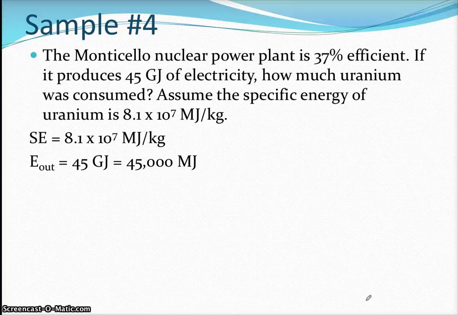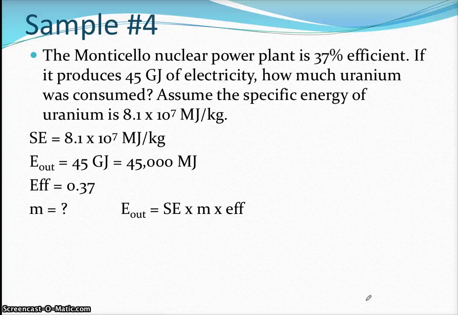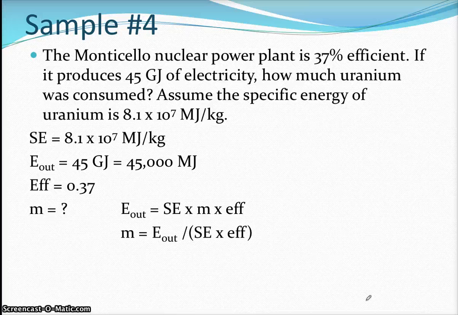All right, we have our givens, our specific energy, our energy out, our efficiency, and we want to figure out the mass. So we're just going to go back to the equations I gave you maybe two slides ago. Energy out equals specific energy times mass times efficiency. And we're going to rearrange it this time for mass. So we're just using our algebra and solving for mass.